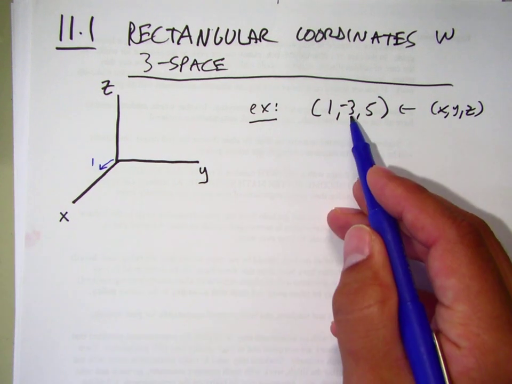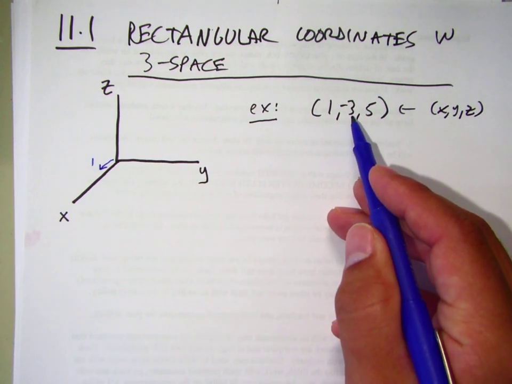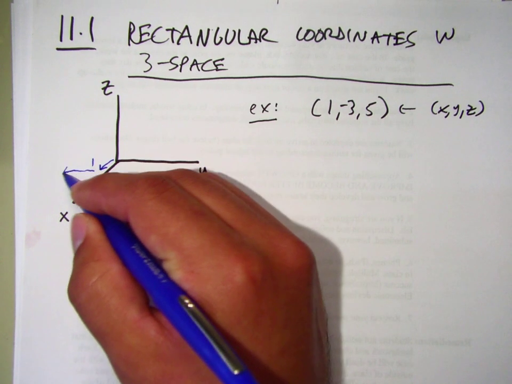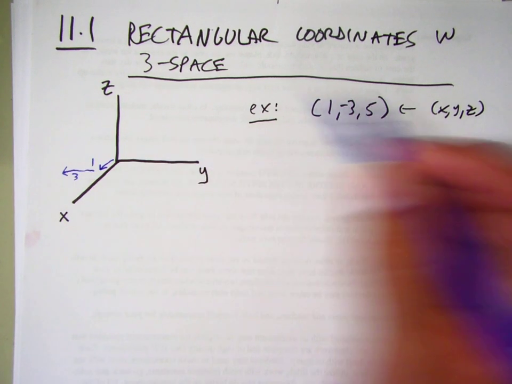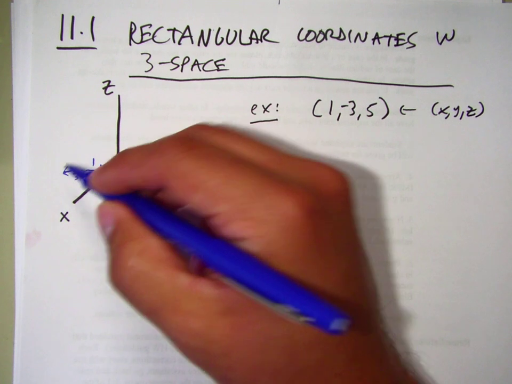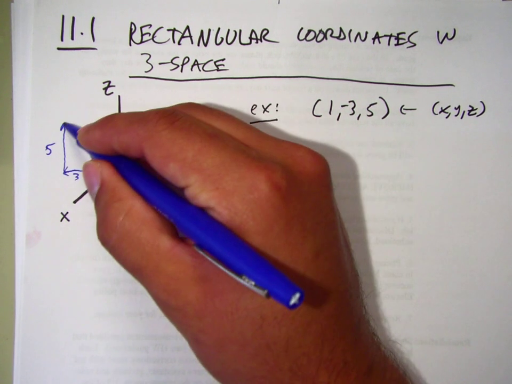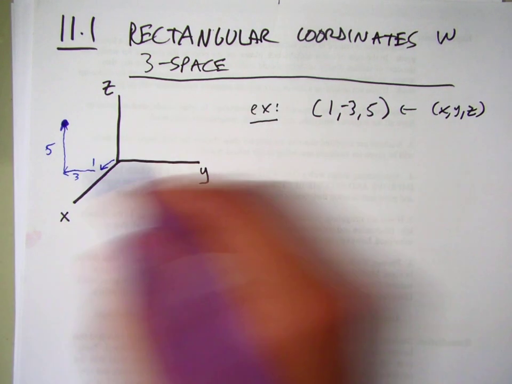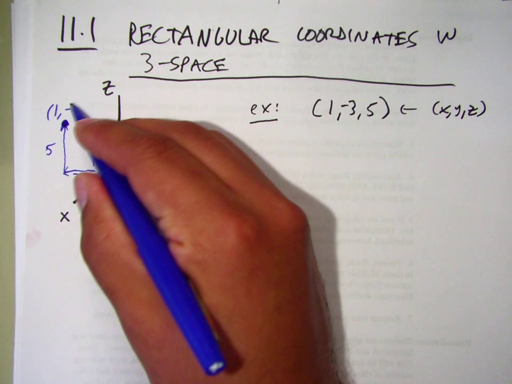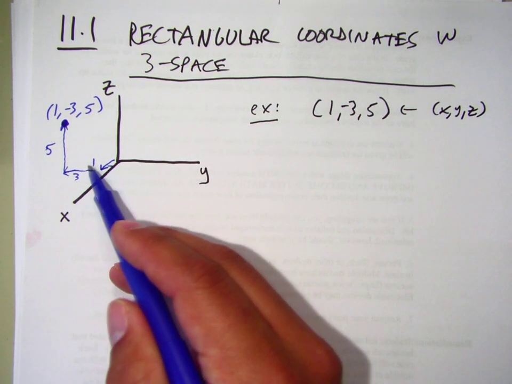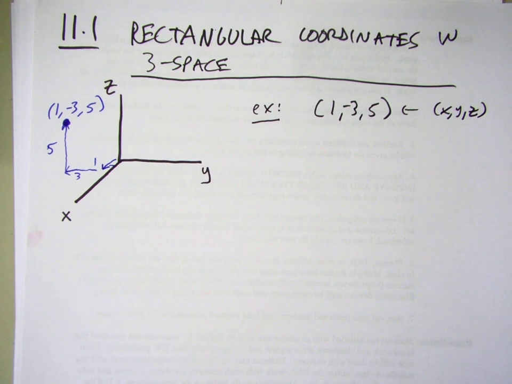And then this means left 3. And then now this 5 means from here up 5 units. So this is where 1, -3, 5 would be. Okay, so if you imagine coming out, going left and up, that's where the location is.